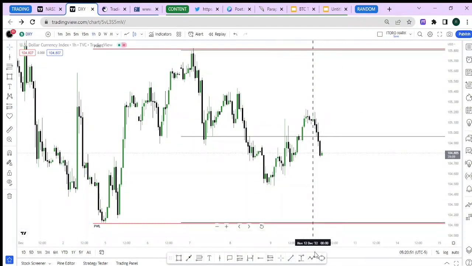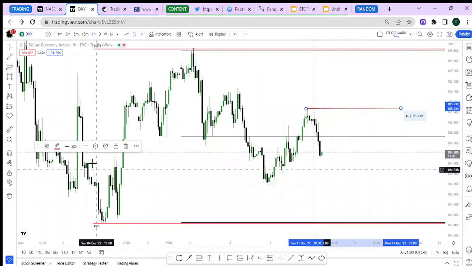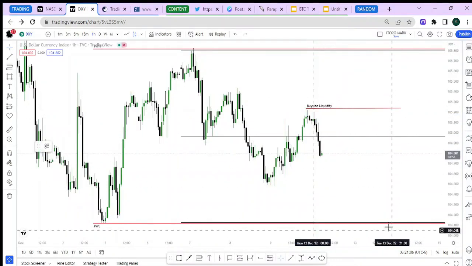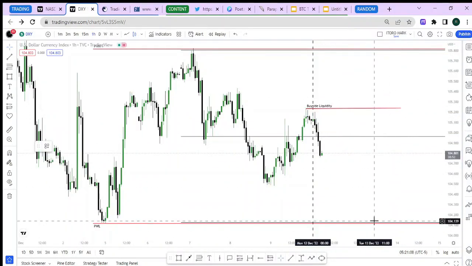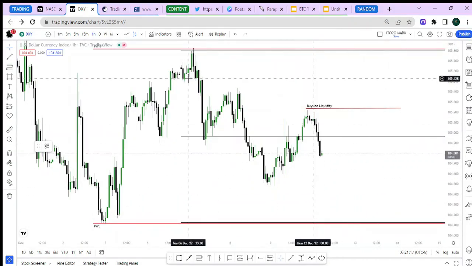So maybe on Tuesday, that's tomorrow, I want to see a grab of that buy side liquidity for my setup to form on Tuesday. Then I take it lower here. So yeah, let's just see on the DXY. Let's just anticipate the bearish move.